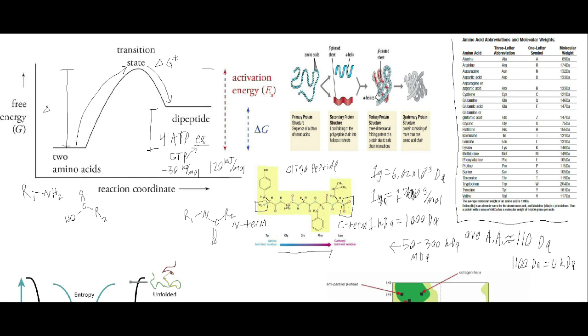So this right here is what we call the primary structure of protein, and that's just the sequence of amino acids. But then we want to go off into what's called secondary structure, tertiary structure, and quaternary structure. So secondary, which I'm actually going to talk about after tertiary structure.